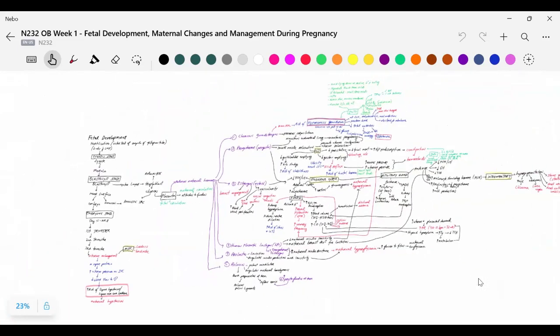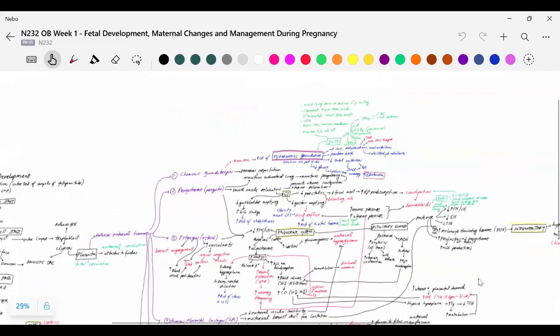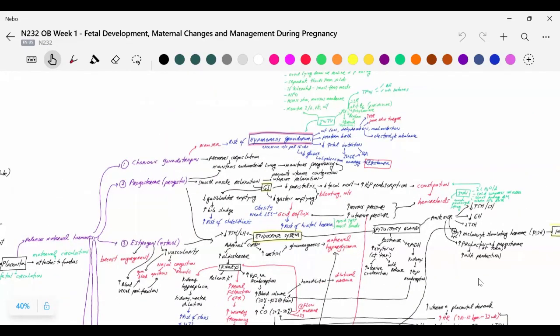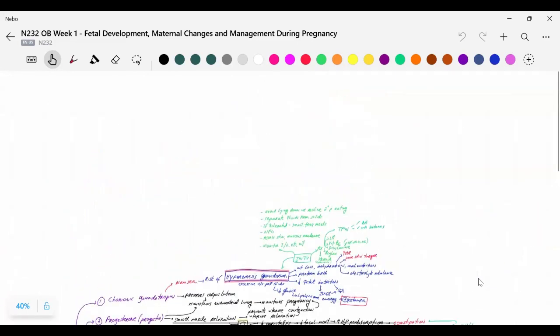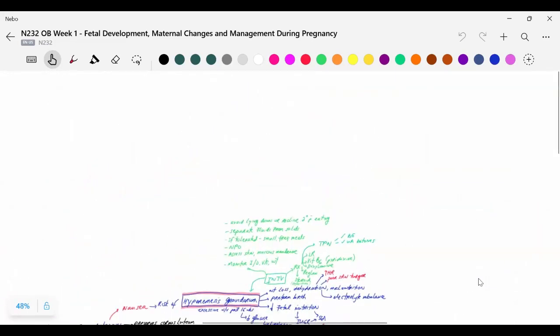So those are the maternal hormones. Any questions? I'll quiz you real quick. Which hormone is responsible for nausea? Very good. Which hormone is responsible for relaxation of the uterus? Progesterone. Which hormone is responsible for nasal congestion? Estrogen.